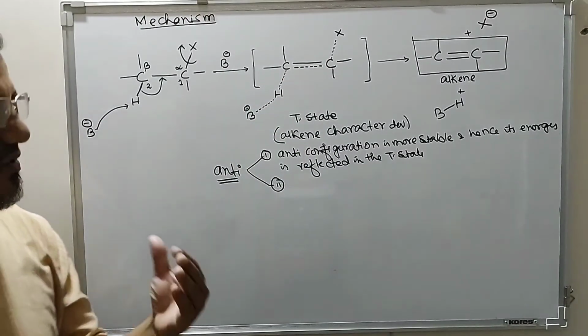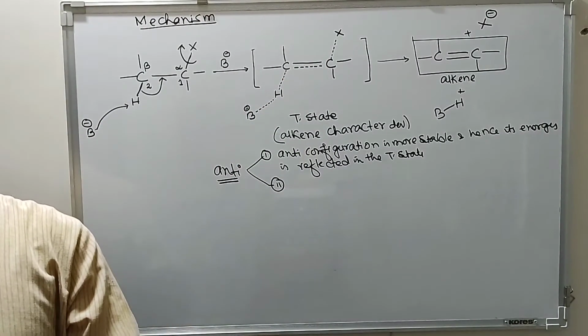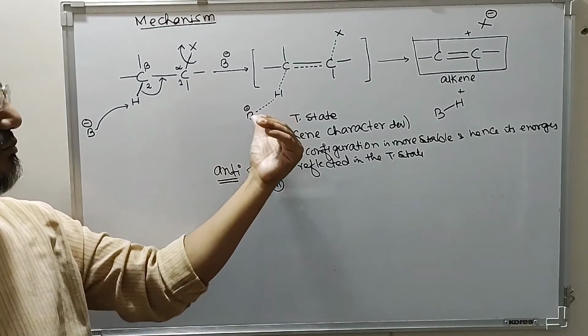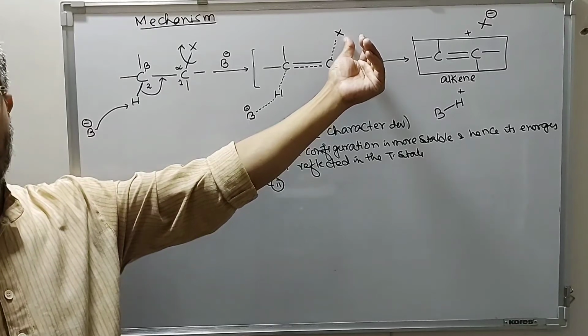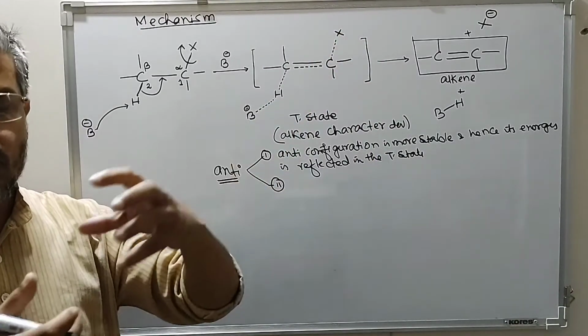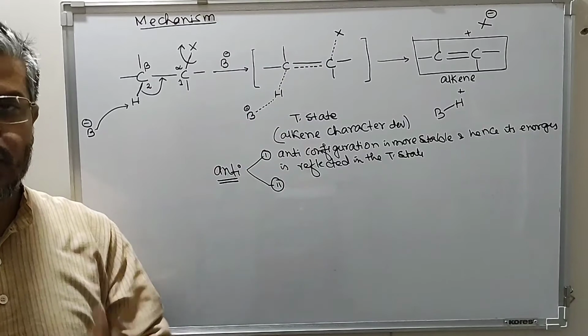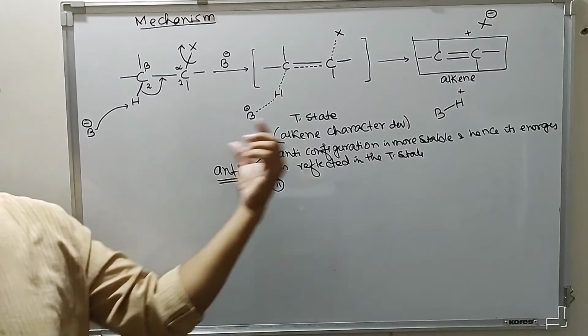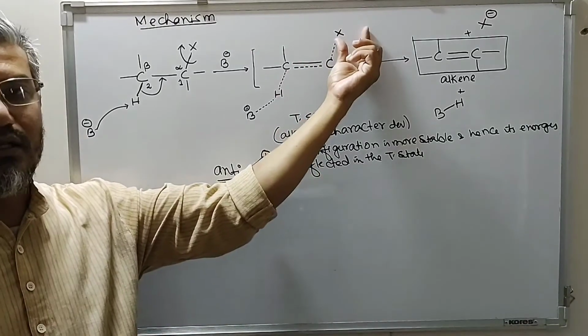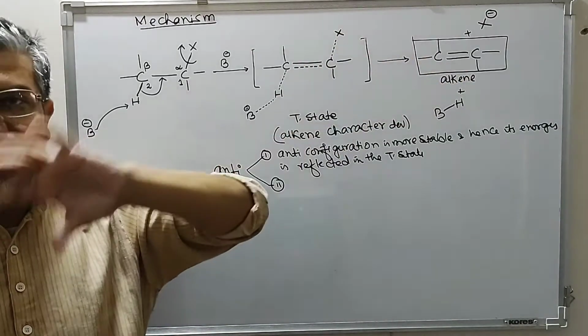Because of this electron repulsion, both this base and this leaving group should be trans or anti to each other, so that the electronic repulsion between the approaching base and the leaving group X minus is minimized.